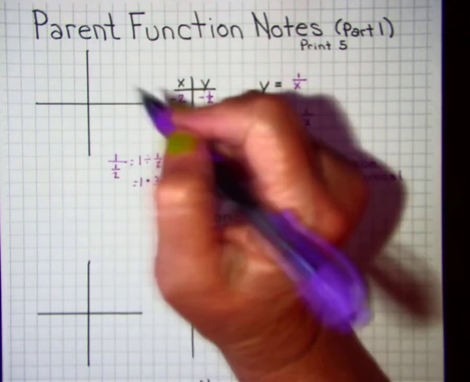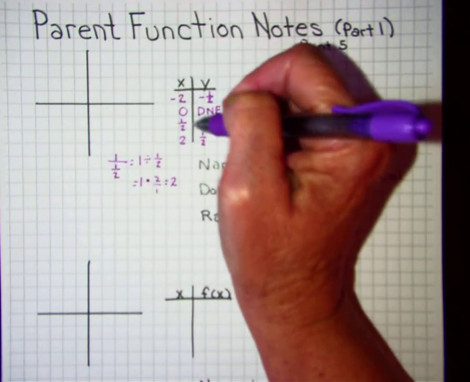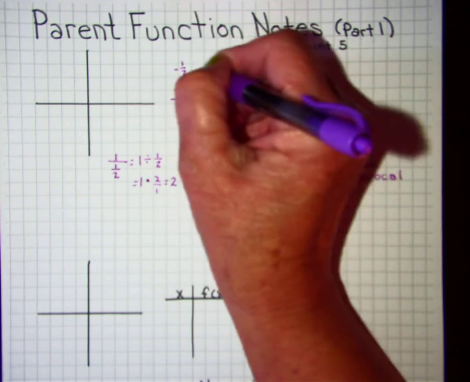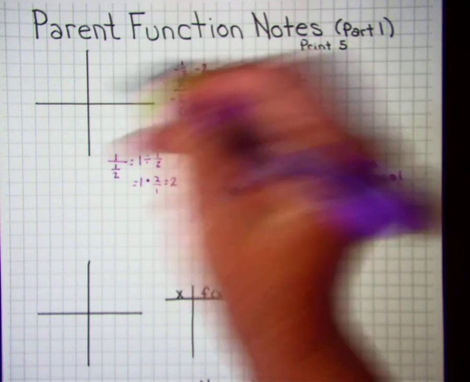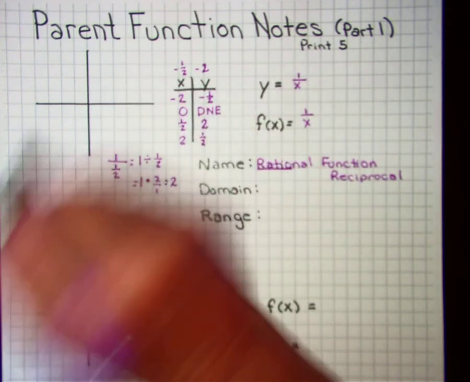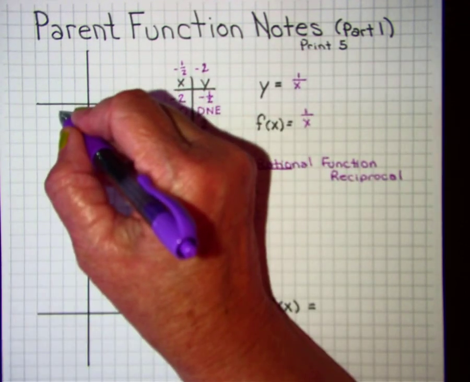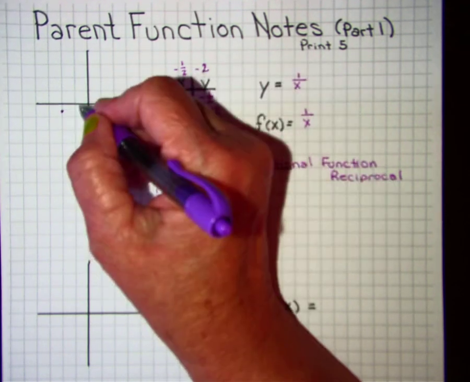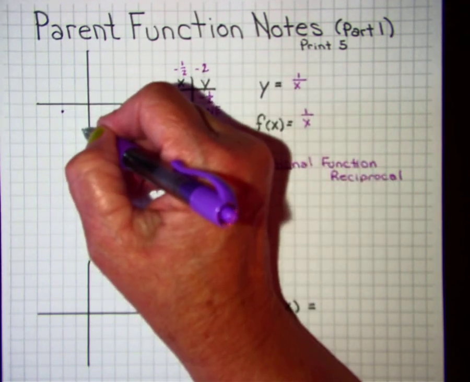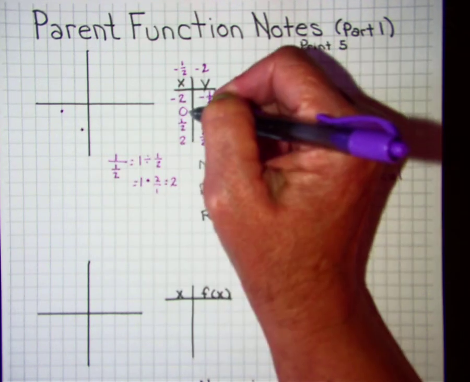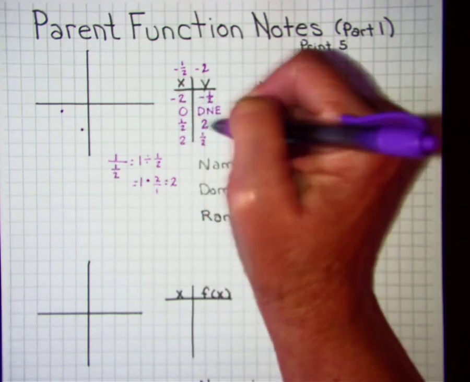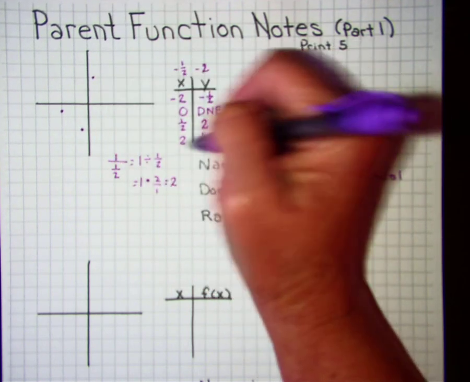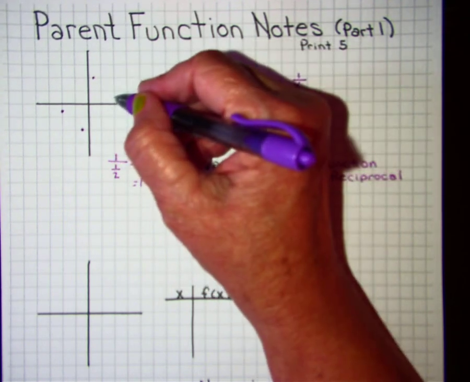Okay? And so when I plot this, and I probably should plot a negative 1/2, the negative 1/2 will give me a negative 2. Okay, so let me plot this at negative 2 is 1/2. Negative 1/2 is negative 2. And 0 doesn't exist. And I have 1/2 is 2. So at 1/2 I get 2. And at 2 I get 1/2.